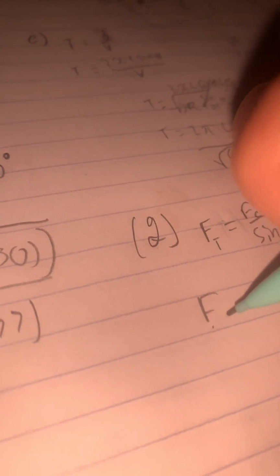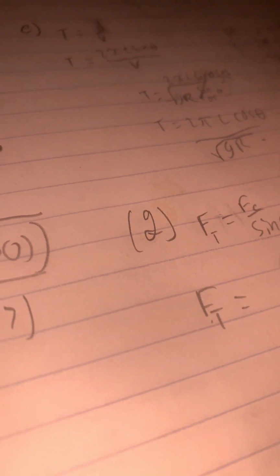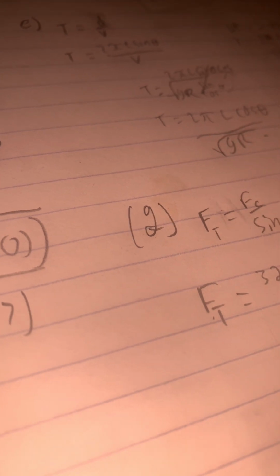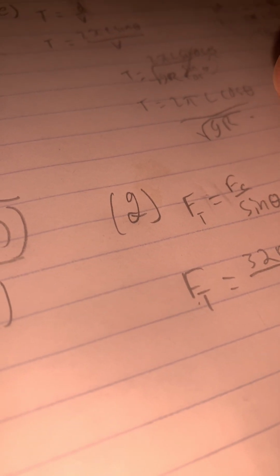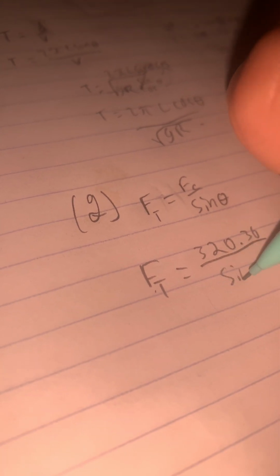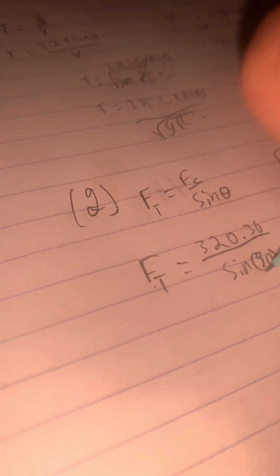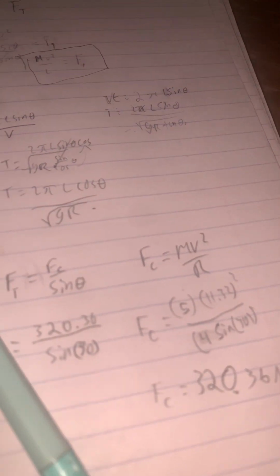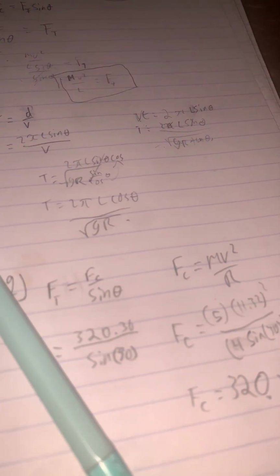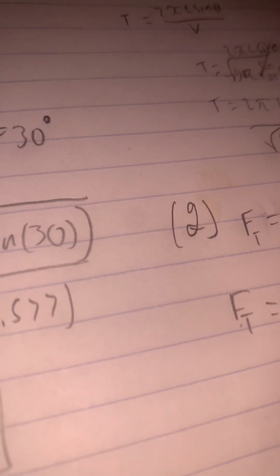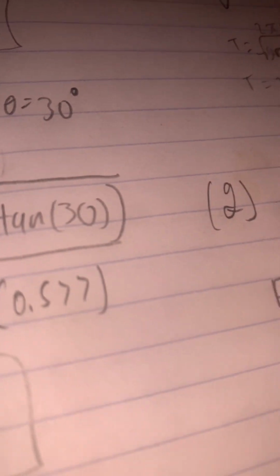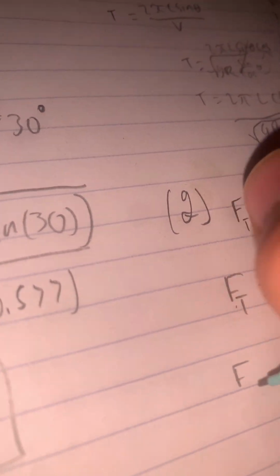So FT is equal to 320.36 divided by sine 30 degrees, and 640.712 is FT.